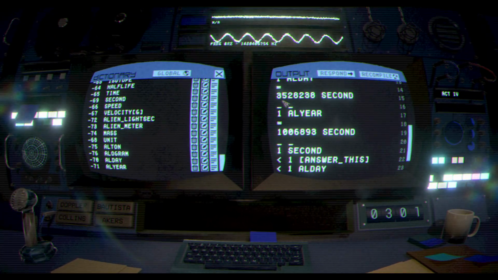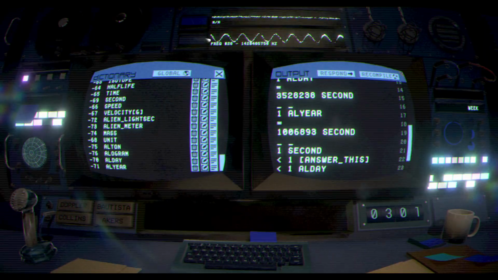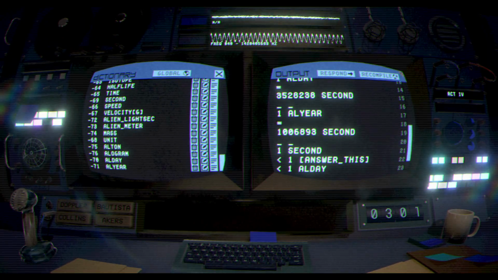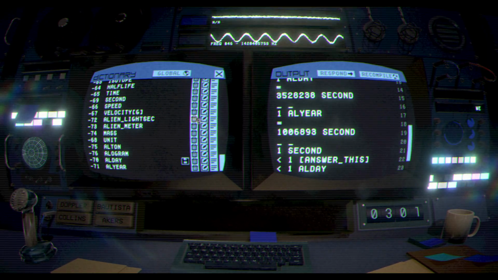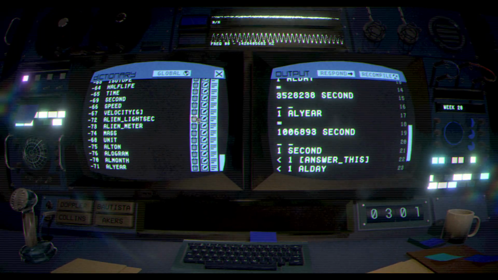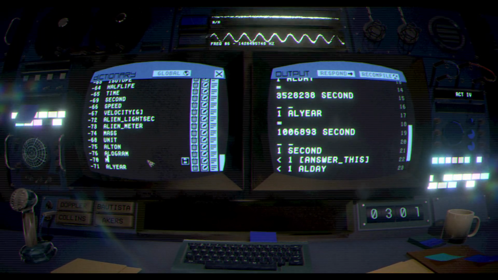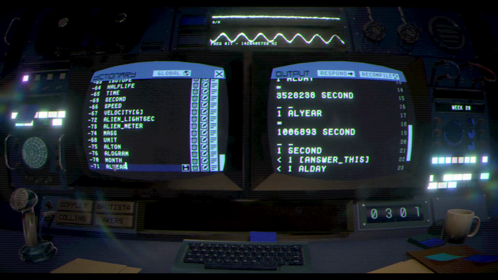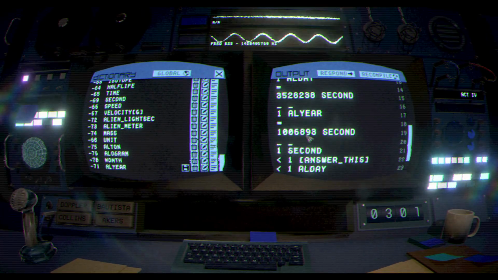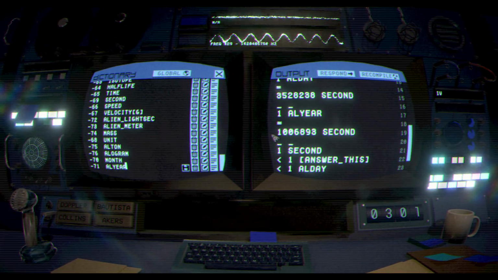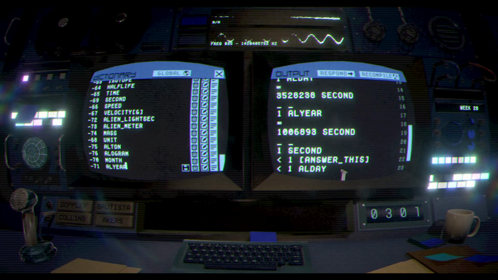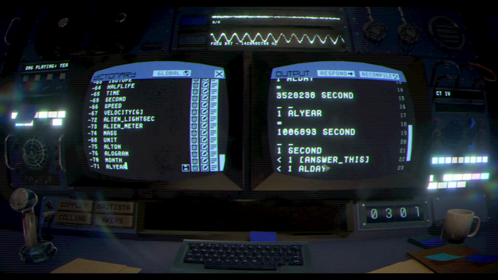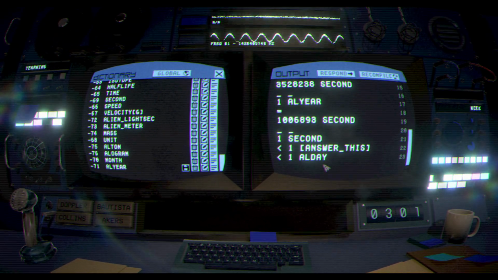Wait, no, this is 3 million seconds. So 3 million seconds in days is probably closer to the month. And this is still about the year? No. 10 million. So 1 second is less than 1 something else, which is less than 1 all day.